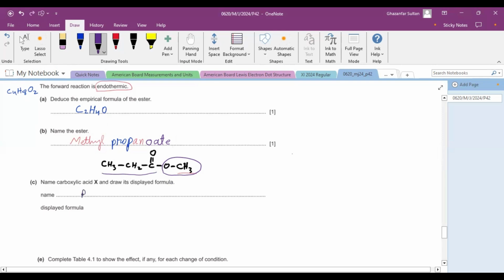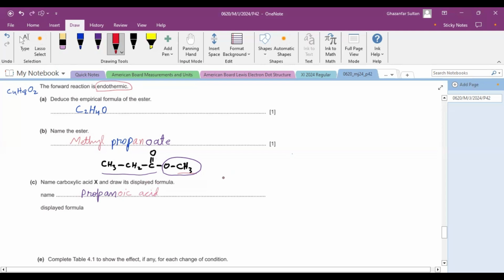So just like methyl propanoate, it is prop. All the carbon-carbon bonds are single, so it is propan, and e would be removed because the suffix for carboxylic acid is oic acid. So propanoic acid.